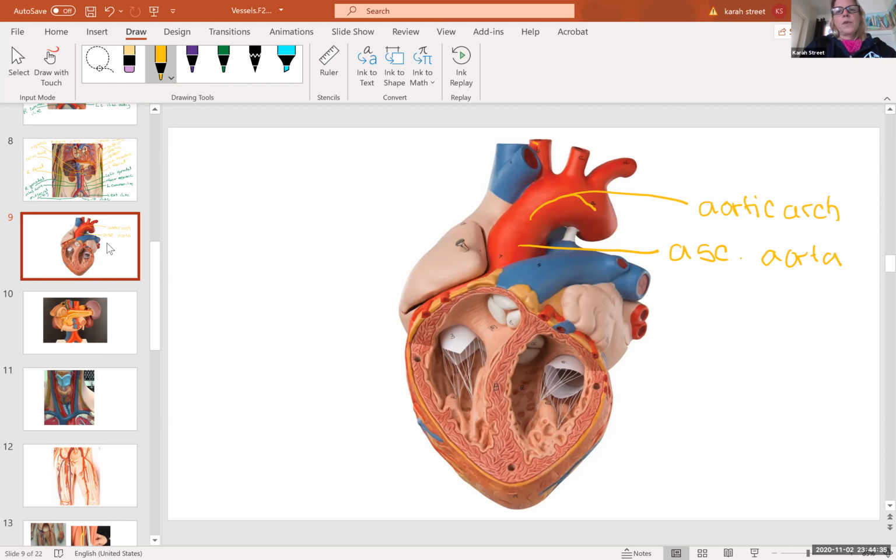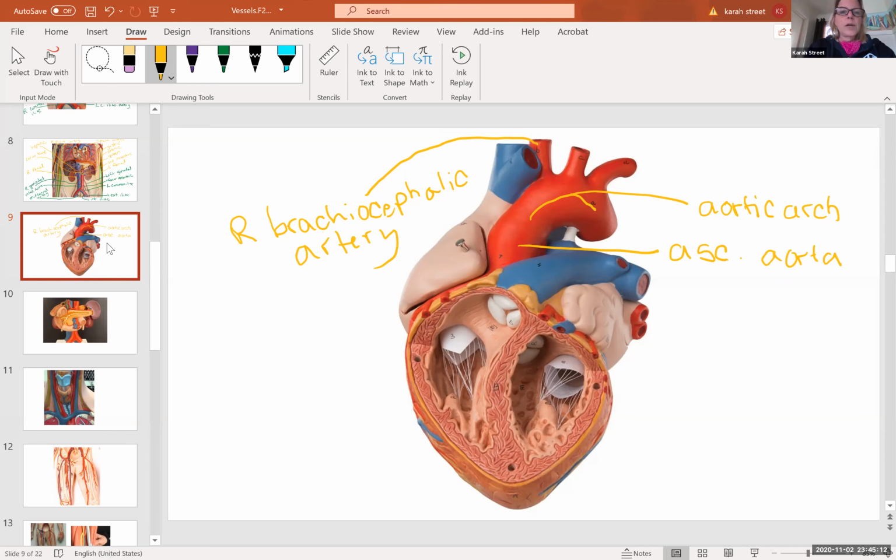And the first branch off the aortic arch would be the right brachiocephalic. Last week when we learned about the veins, there was a right and a left brachiocephalic vein. For arteries, we only have a right brachiocephalic artery, and it branches into the right common carotid artery and the right subclavian.